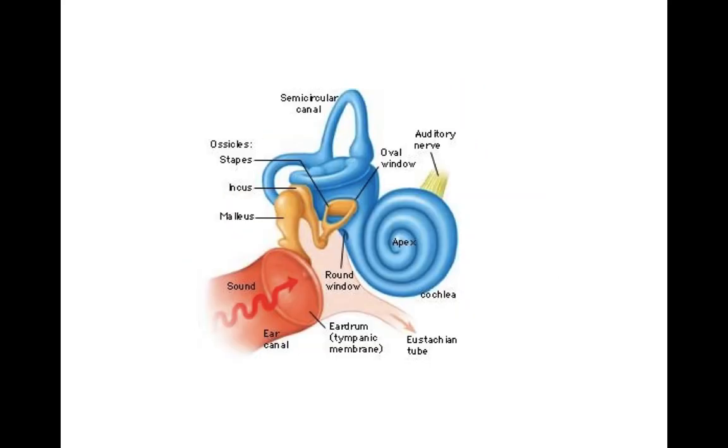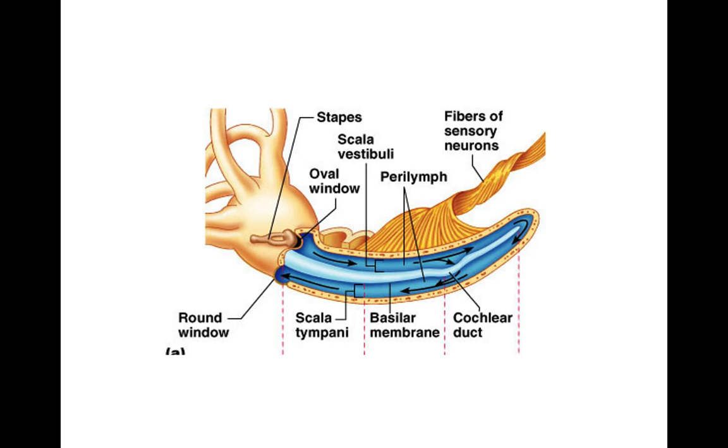Right, so here we have it. We've got our sound coming in. It's going to move the tympanic membrane, move the malleus, move the incus, move the stapes. The stapes acts as a piston. Our cochlea, where we find our vestibular and tympanic canals and our cochlear duct filled with fluid, is contained within the cochlea.